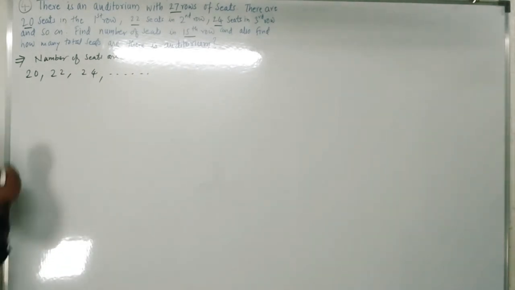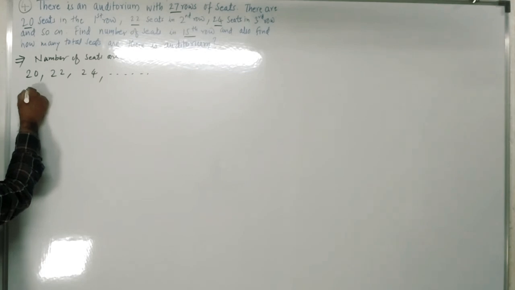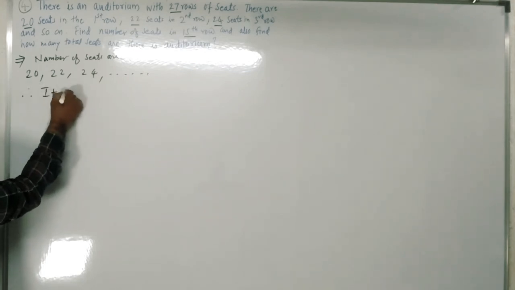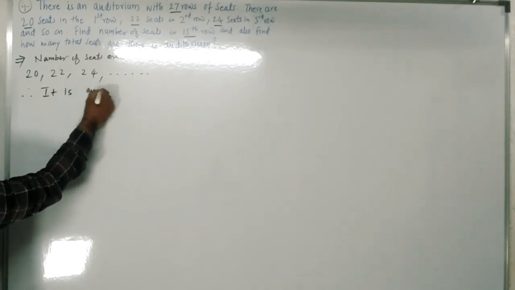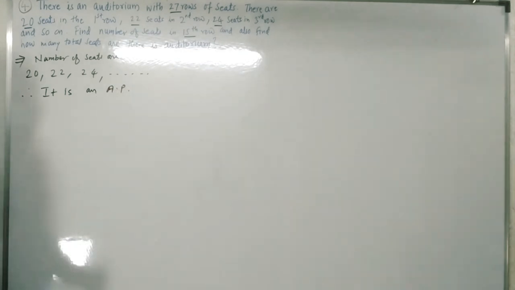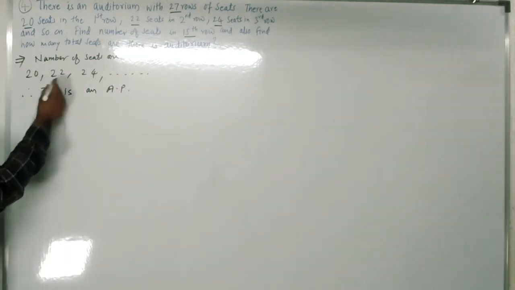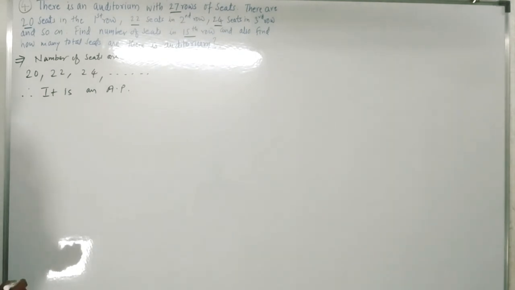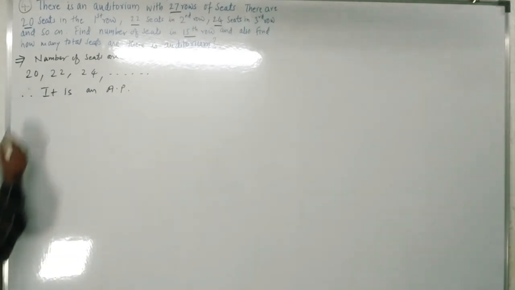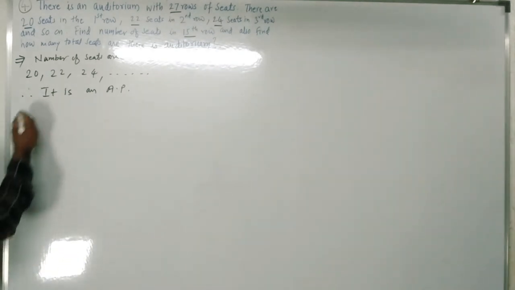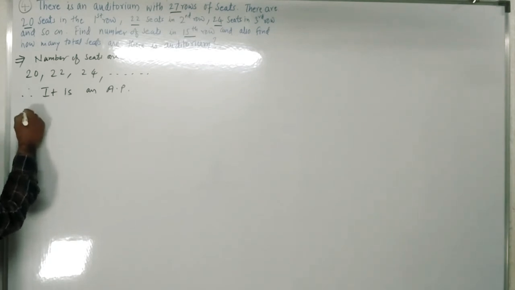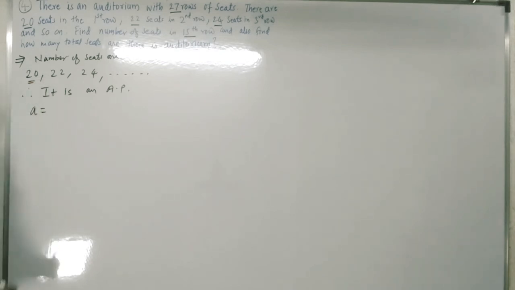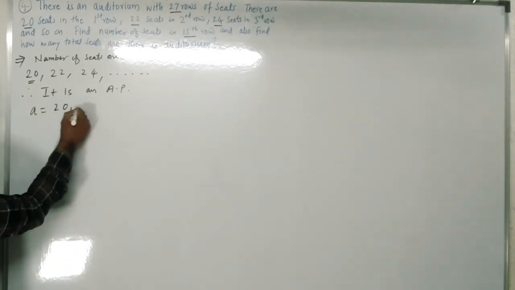So the sequence is an arithmetic progression. The difference between two consecutive terms is constant. Therefore, it is an AP. So here, what is given? First term A is equal to 20.